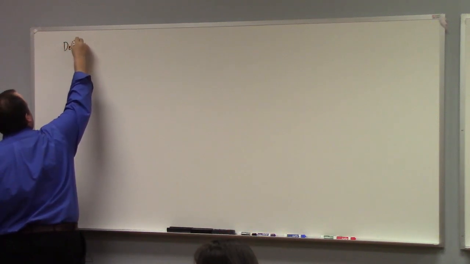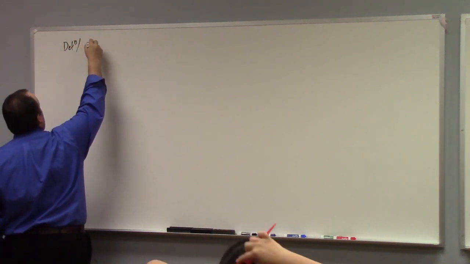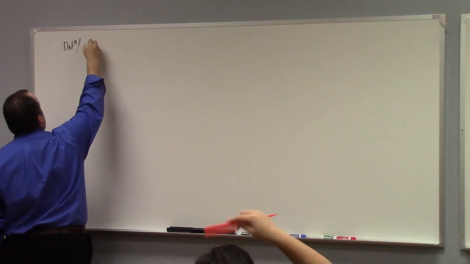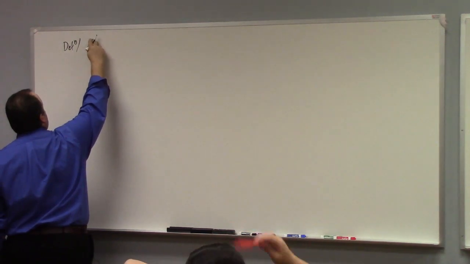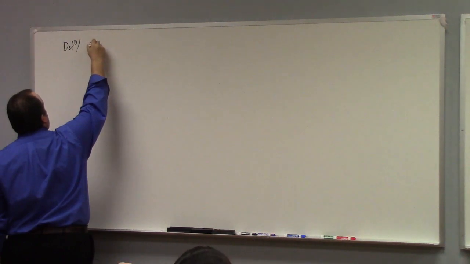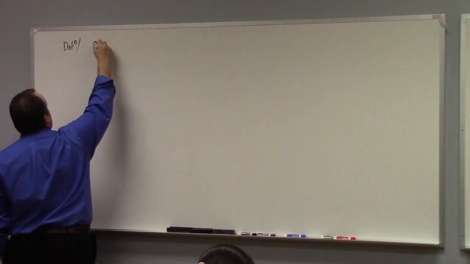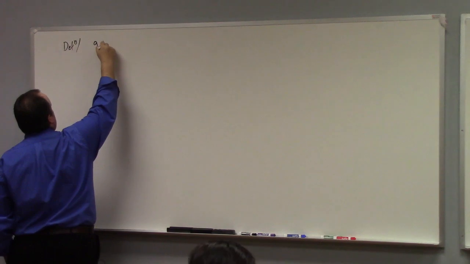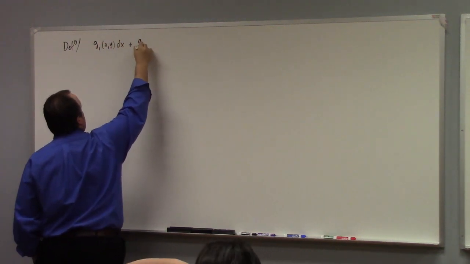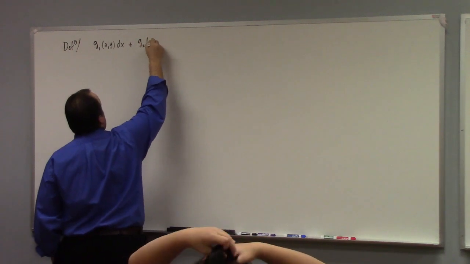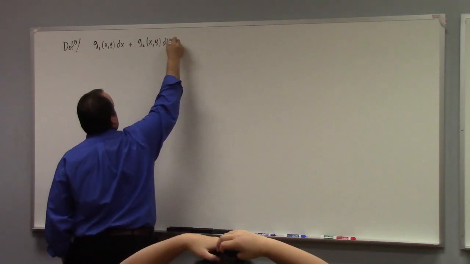if you have something like, let me see here, let's say I need some letter, say G1, which is a function of x and y, dx, plus G2, which is a function possibly of x and y, dy, equals 0.